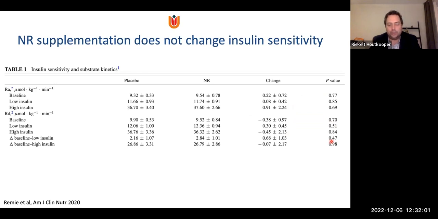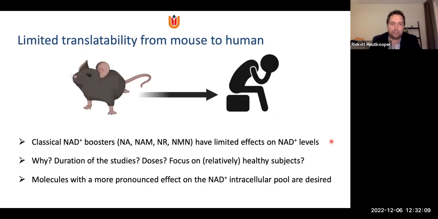So there is no evidence so far, at least from our clinical trials, that nicotinamide riboside is doing much. So how come? Why is there limited translatability from these mouse studies, these preclinical studies that are spectacularly positive, to the human situation?